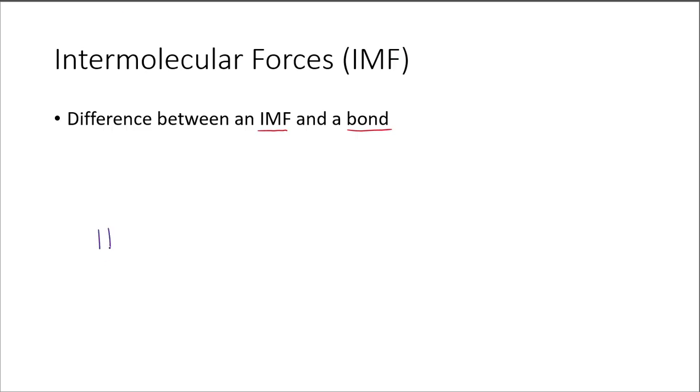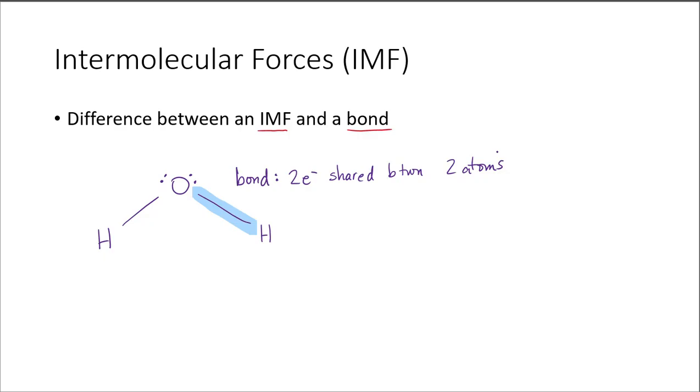Okay, so a bond, let's look at water. A bond is right here. That's a bond. And what a bond really means is that you have two electrons shared between two atoms. Those electrons are moving back and forth, spending time around the oxygen and the hydrogen.